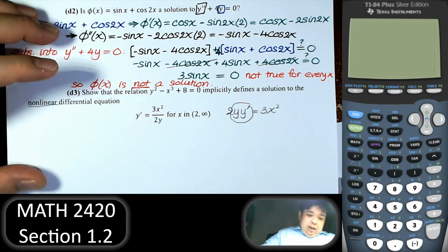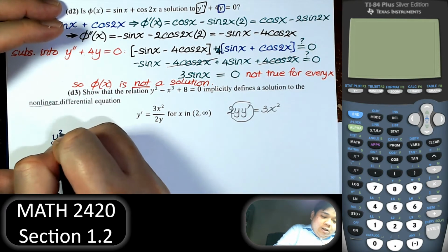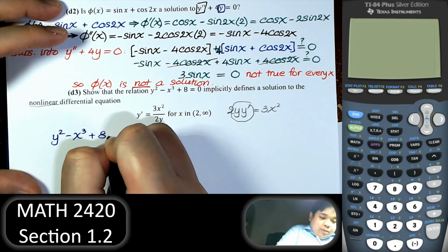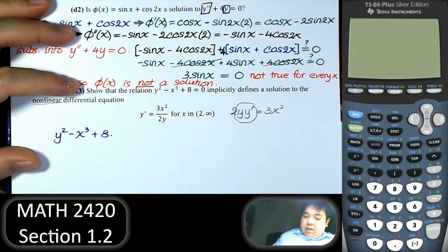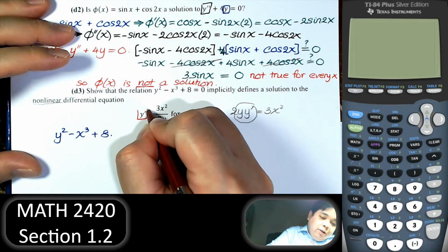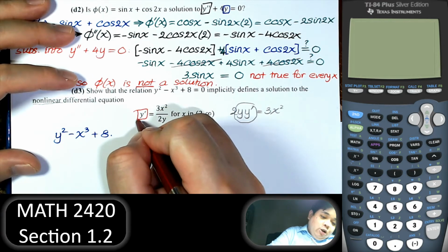Right. So we have y squared minus x cubed plus 8. That's what we have. Now, since we have y prime, we know y is a function of x. y is the dependent variable, right?